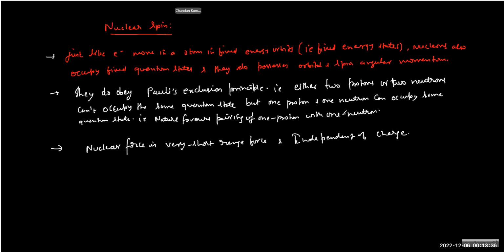Again, see, these are some of the reasons, not all reasons. So some reasons will favor, some will be against. So we have to combine all the possible reasons. I'll talk about a few reasons that will hold the stability. Some will support, some will oppose. So nuclear force is a very short range force. So that's why in a bigger nucleus, although I said that Coulombic force will not work, when you cross the range of nuclear dimension, the Coulombic repulsion will come into the picture eventually.